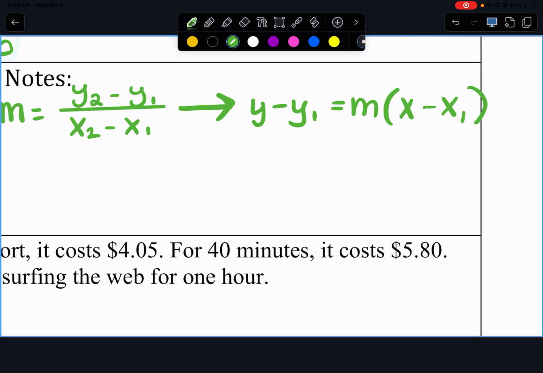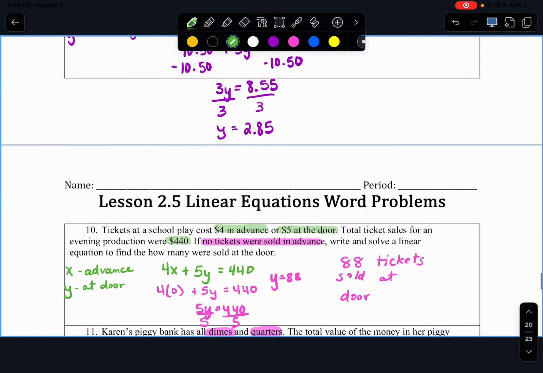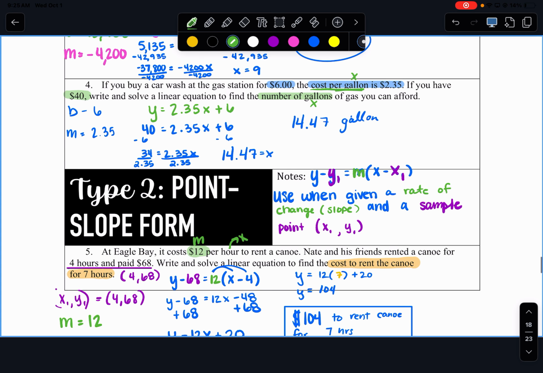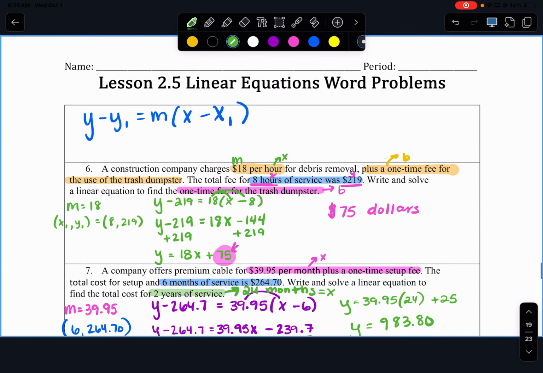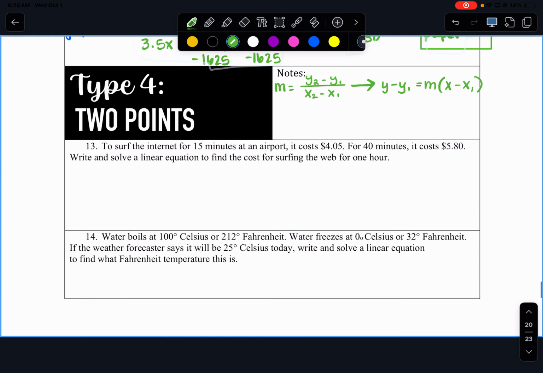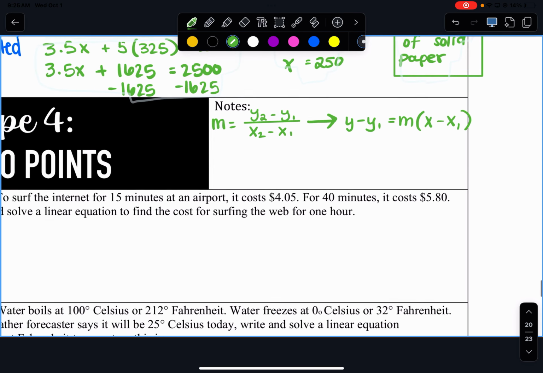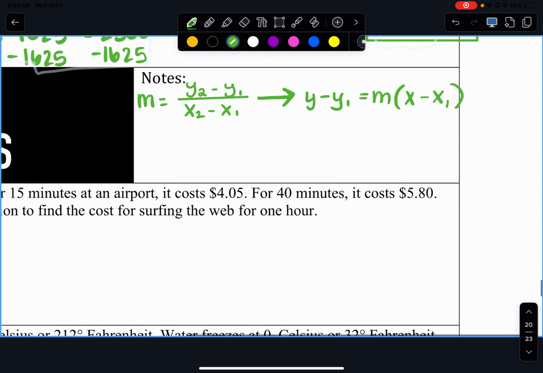It is essentially just like type 2, but with an extra step. Okay, so I want us to go ahead and look at these. So we use these when we are given 2 sample points.